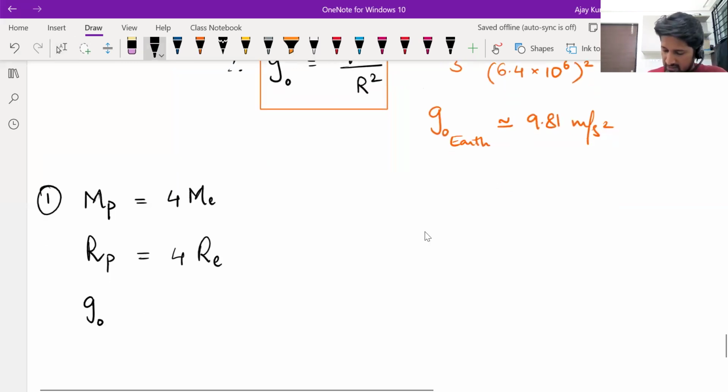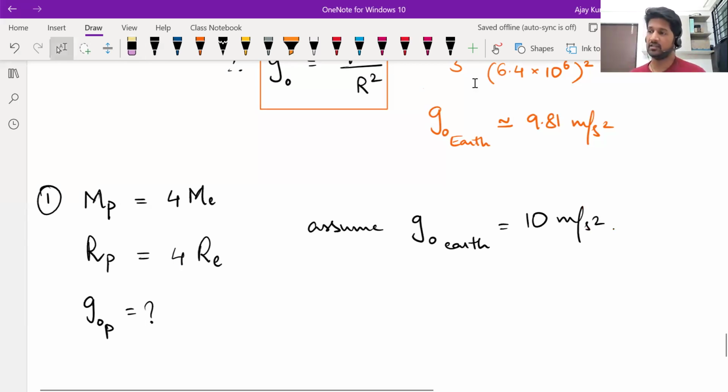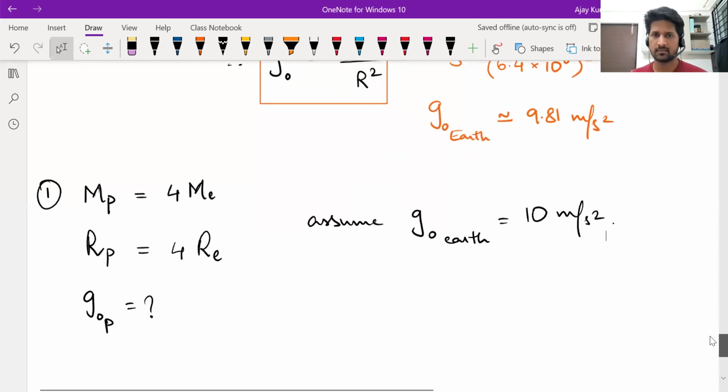How much is the acceleration due to gravity on that planet? Assume acceleration due to gravity on the surface of Earth is 10 meter per second square. Then how much will it be on the surface of that planet? Solve this quickly. I'll give you 2 minutes.